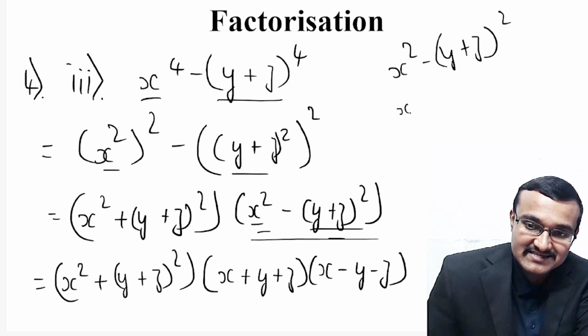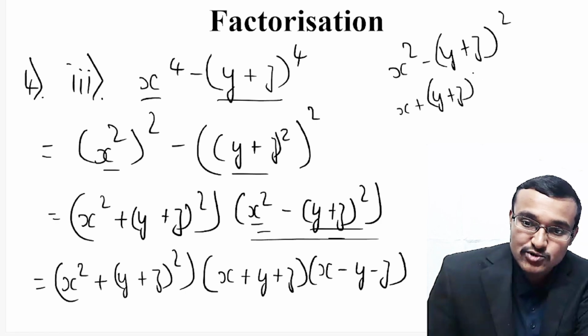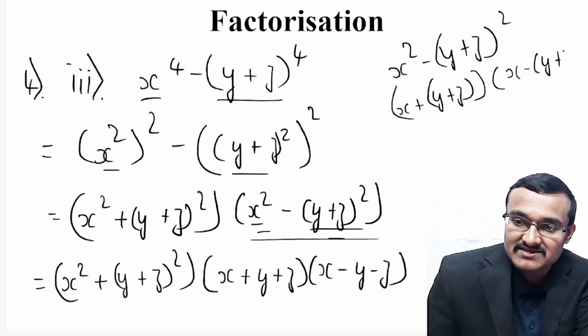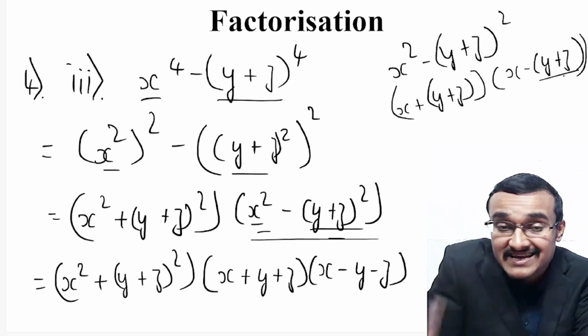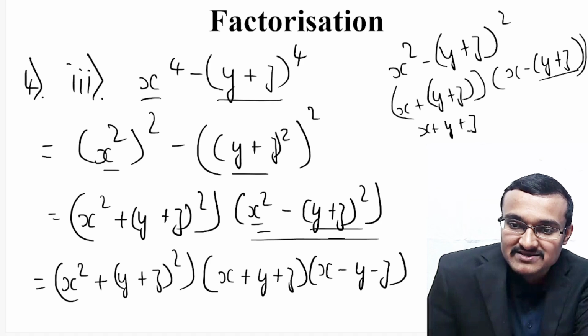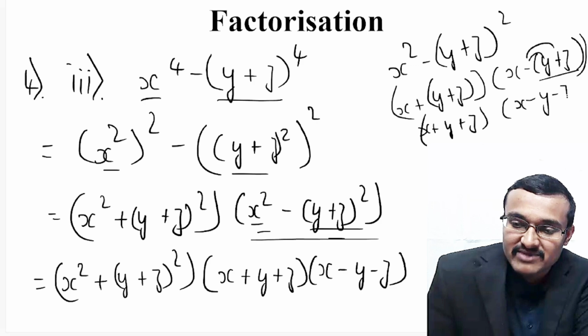I am writing it as x plus (y plus z) into x minus (y plus z). So when you remove the bracket which is there inside, it will become x plus y plus z into x minus y minus z, since minus into y will be minus y, minus into z will be minus z.